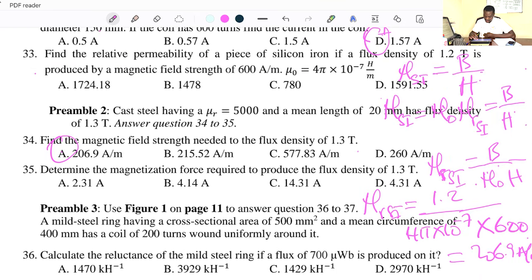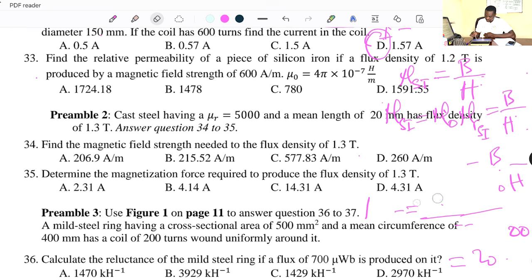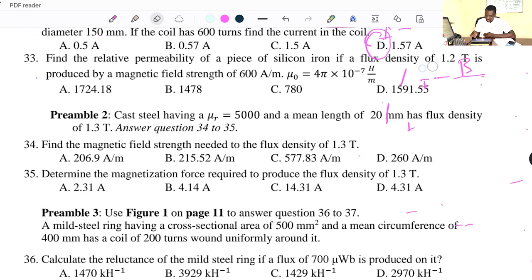No, not that one. This is not the answer. When you do this, you get this rather. You get D here. So you calculate, you get D, which is going to be equal to this. So here the answer is going to be D, which is 1591.55.